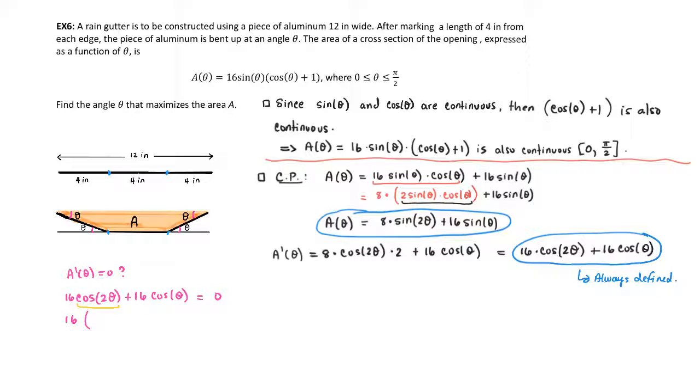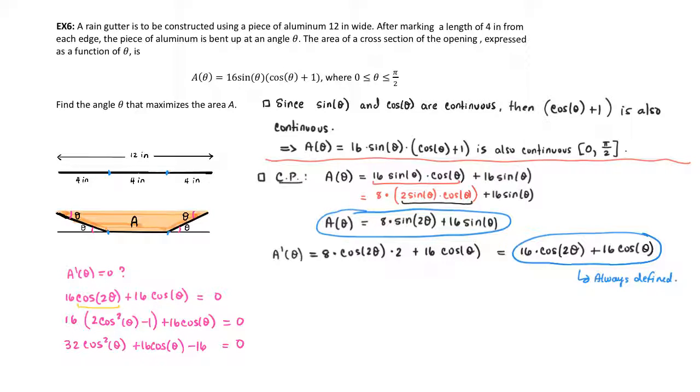One of the identities is 2 cosine squared theta minus 1, plus 16 cosine theta equal to 0. And then simplifying a little bit, we're going to have 32 cosine squared theta plus 16 cosine theta minus 16 equals 0.